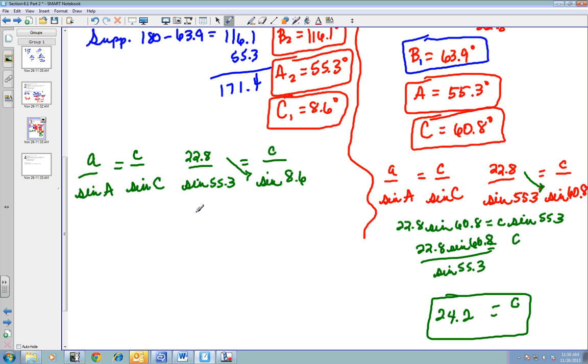Cross multiply: 22.8 times the sine of 8.6 equals C times the sine of 55.3. Solve for C by dividing by the sine of 55.3.